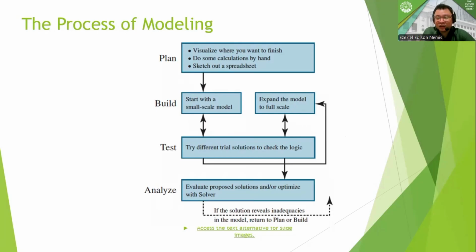We check the logic and check if the solver is accepting the data that was given. And lastly, the most important part is to optimize, solve, or analyze the spreadsheet that you have. That's why we are doing the spreadsheet: for you to make a decision and analysis by the end of the topic or by the end of your problem, while you are solving a certain problem in an organization. So this is the process of modeling.